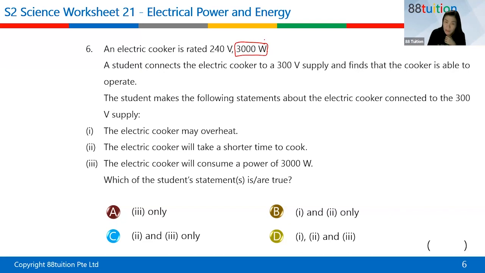Do you all understand this part? This is the power rating of the appliance. All right. So let me tell you, if it's 1 watt rating, you know what it means?